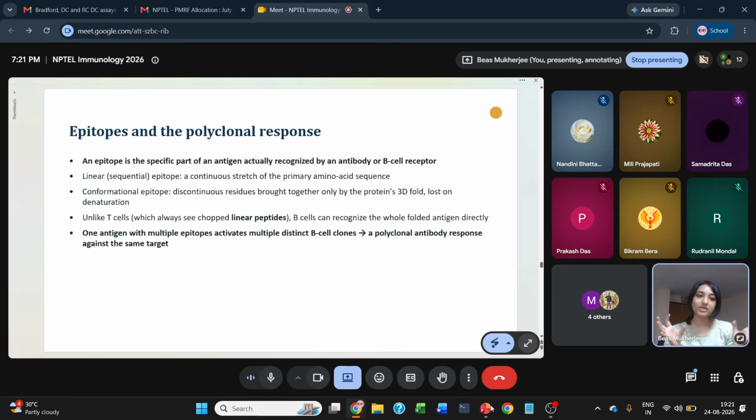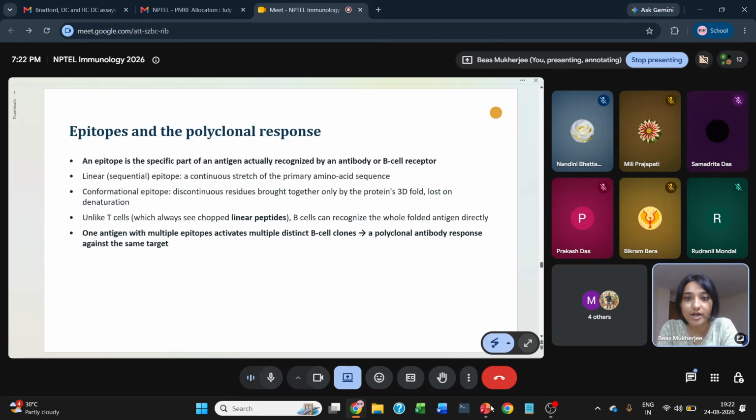You know that proteins are always in 3D folded form, right? So in that 3D folded form, let's say there are two loops in this heart-shaped configuration, and both of these are recognized by the antibody. These regions are structurally very close by but sequentially very far away. Their 3D configuration is such that both are recognized by the same Fab region of an antibody. Then it is called a conformational epitope.